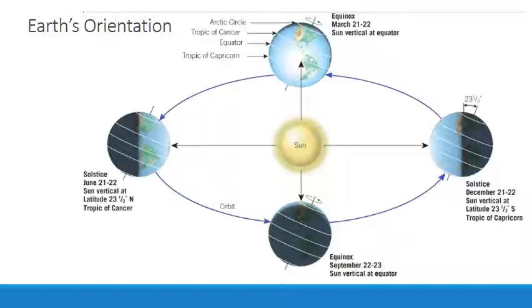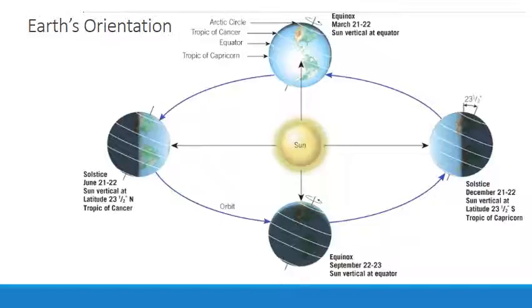But Earth's axis is not perpendicular to the plane of its orbit around the sun. This plane, the one that's encircled by these blue arrows, is called the plane of the ecliptic.